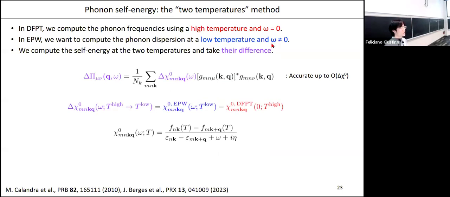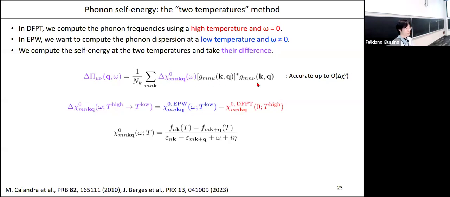So what we have to do is take the difference of the self-energy, the low temperature, finite frequency self-energy, and subtract the high temperature, zero frequency self-energy to correct the density functional perturbation theory phonons. So this expression shown in purple gives the correction term to the self-energy.